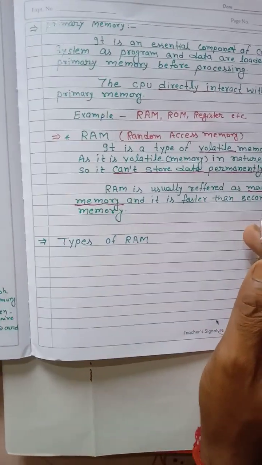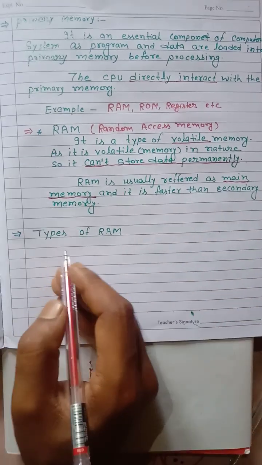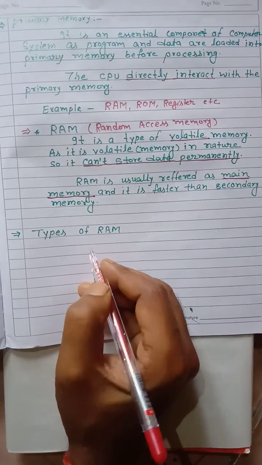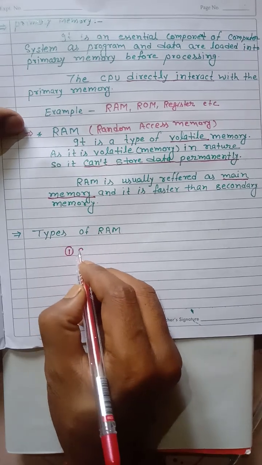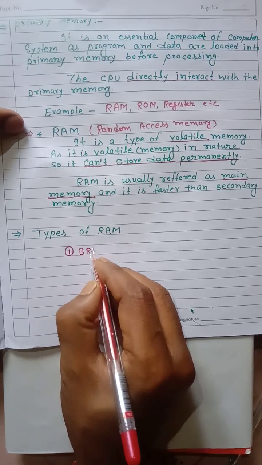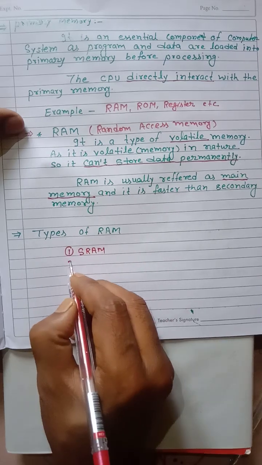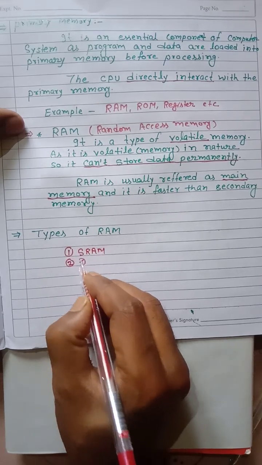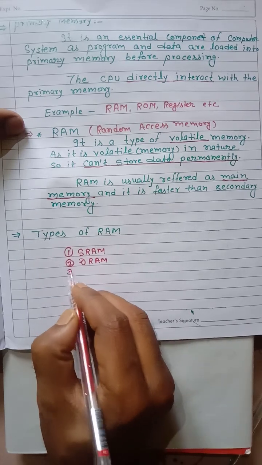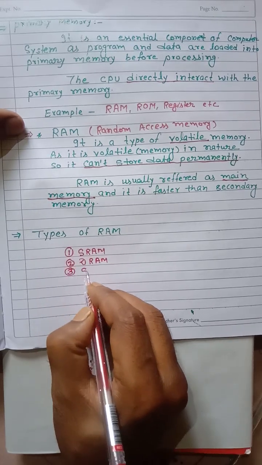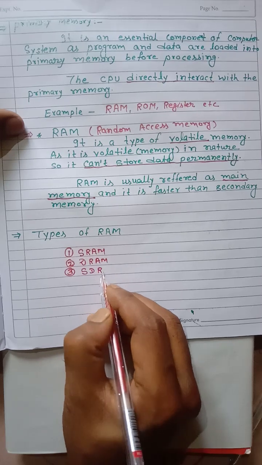Now come to the point, types of RAM. Some types of RAM are, first one is SRAM. Second one is DRAM. Third one is SDRAM.